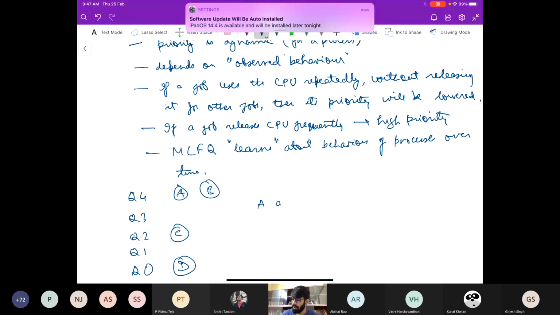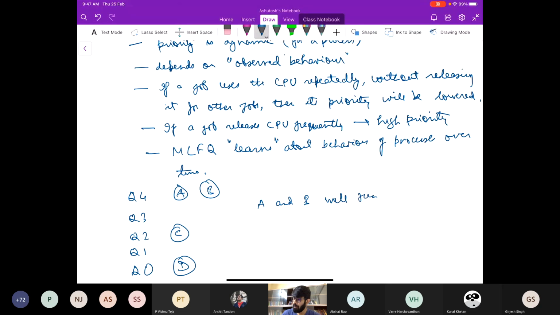A and B will run in round robin, and C and D will not run.